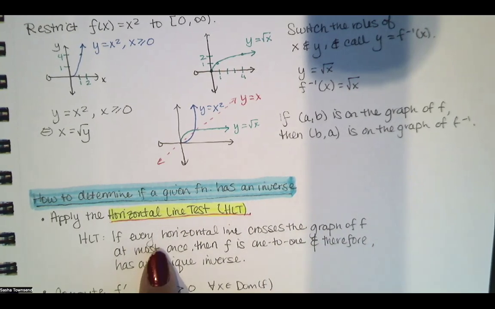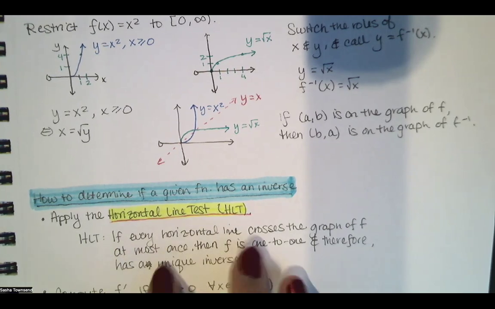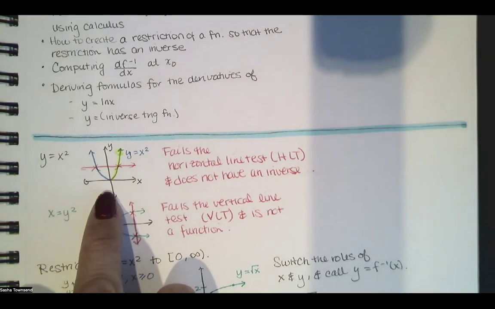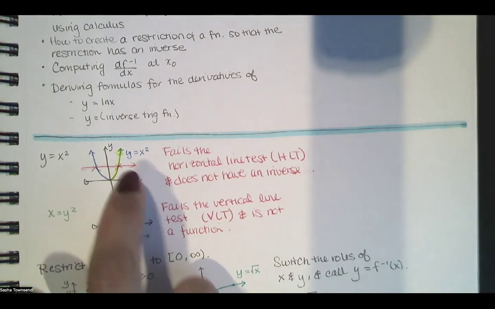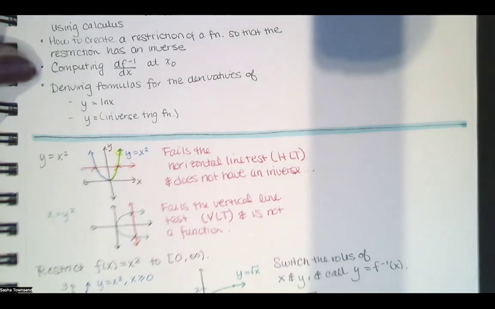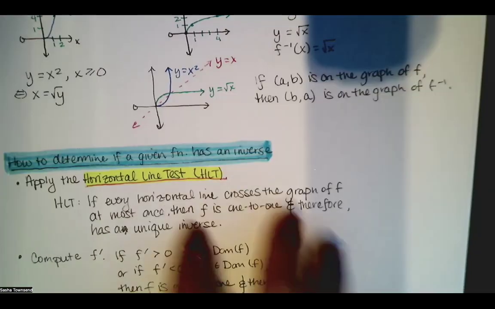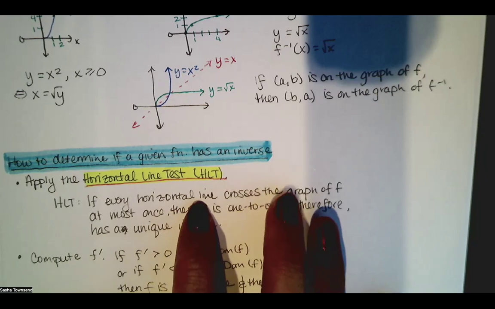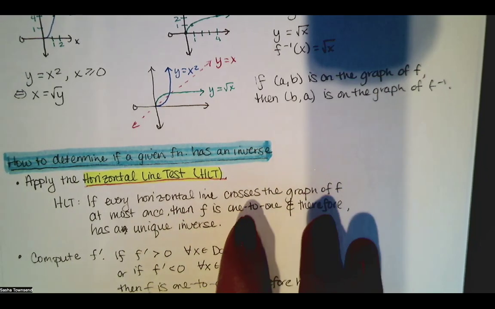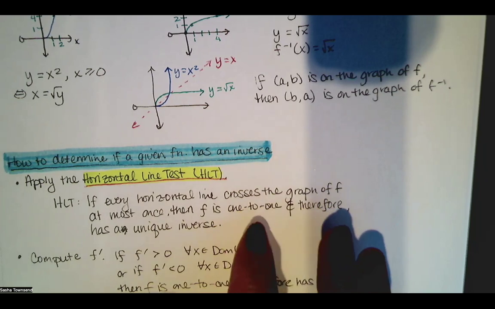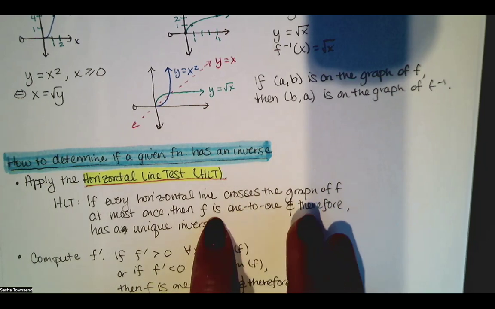When we say at most once, we just mean if the horizontal line doesn't cross the graph at all, that's fine. For example, with this function, y equals -3 never crosses the graph because y equals -3 isn't in the range of the function. But if every horizontal line either crosses once or doesn't cross at all, then we say that f is 1 to 1 and therefore has a unique inverse.